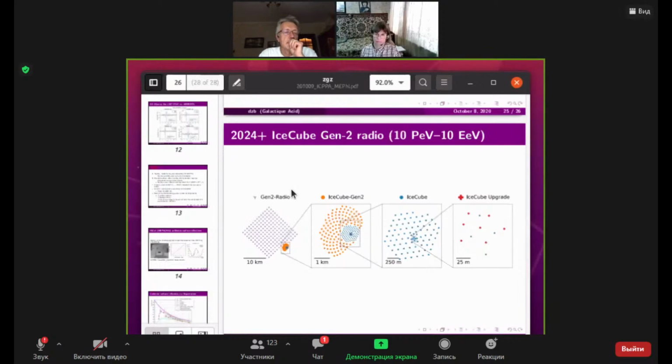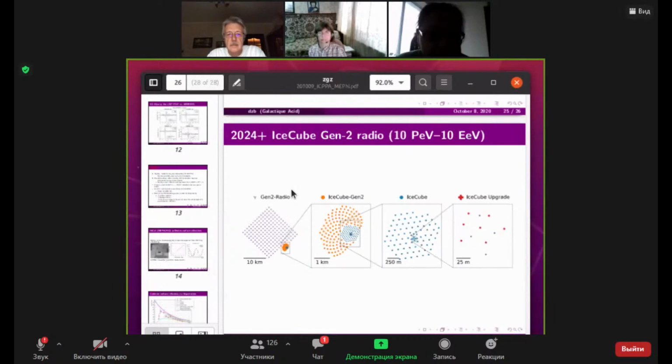However, from a logistical standpoint and the impact that this will have overall on the operations at South Pole, it may be that we'll be limited to 100 meters, or in fact, it may even be the case that there'll be no holes and ultimately we'll be limited to a surface deployment. So in getting to that final answer, there's going to be a balance between the science drivers as well as the logistical boundary conditions and restrictions within which the experiments are operating.